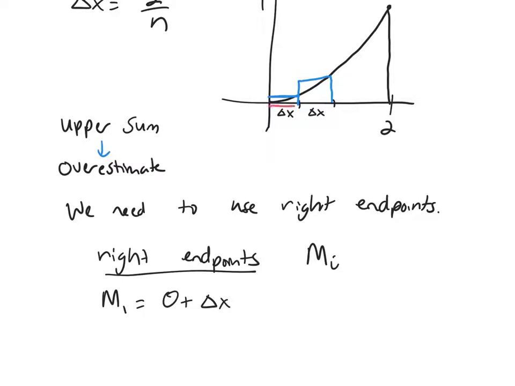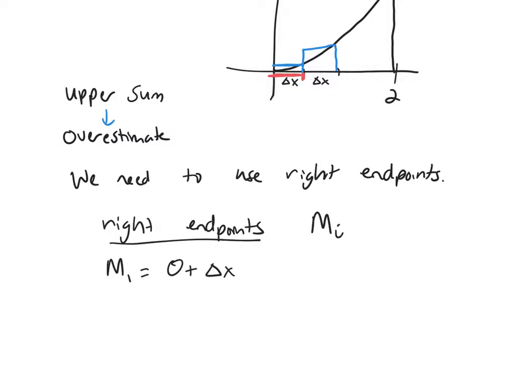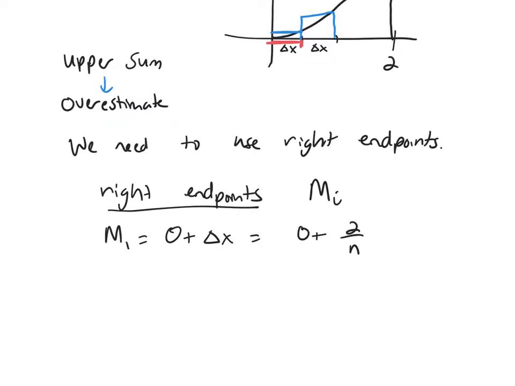So here I've gone out here, and I want to take this. And my second right endpoint, so remember that this is 0 plus 2 over n. And I'm writing 0 here again because maybe my interval doesn't start off at 0. So in that case, you'd have a number there instead of having 0.